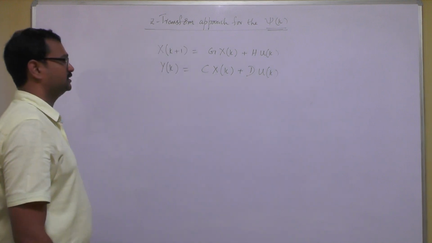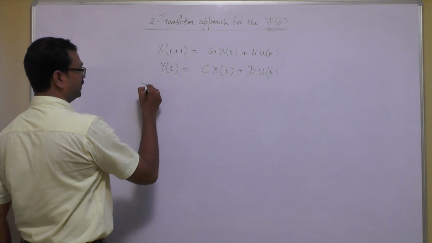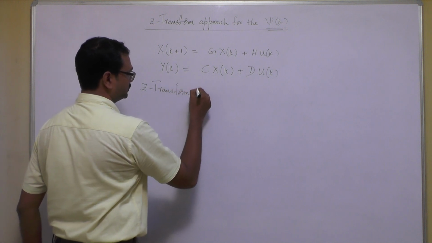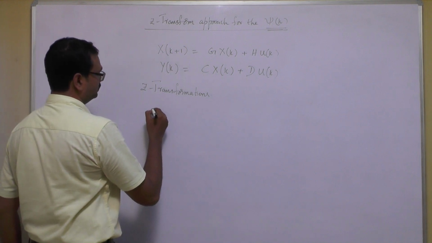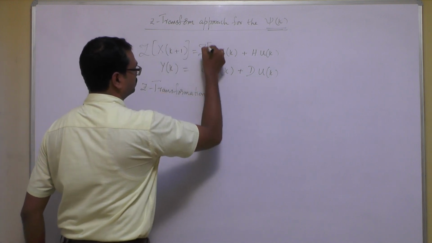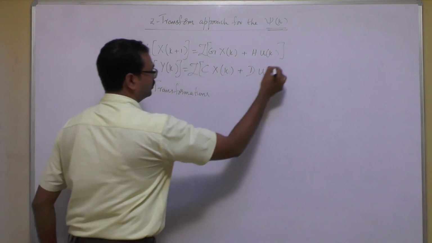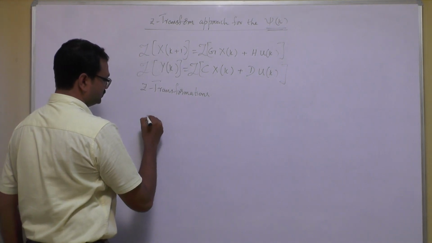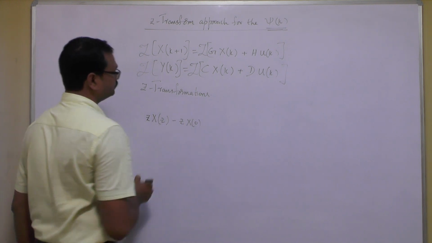Now you have these non-homogeneous state space equations, and when you apply Z transformations to both the equations, the Z transformation of x of k plus 1 is given as z into X of z minus z X of 0.